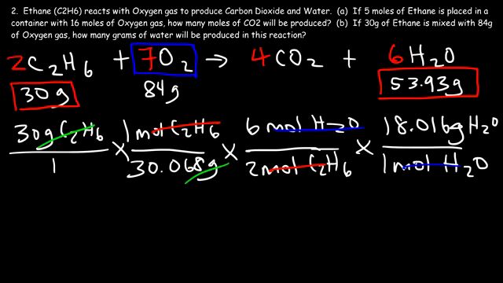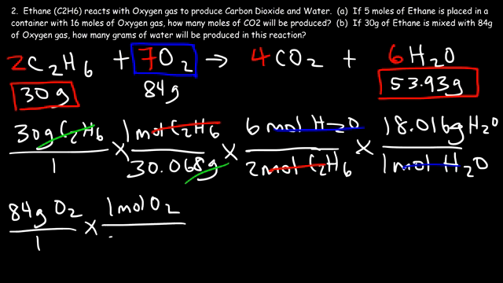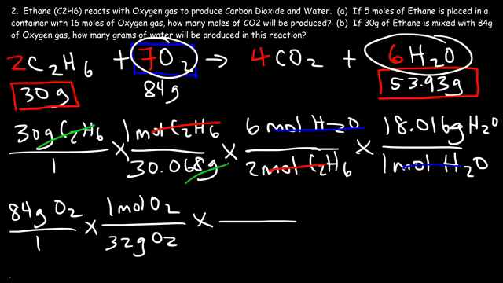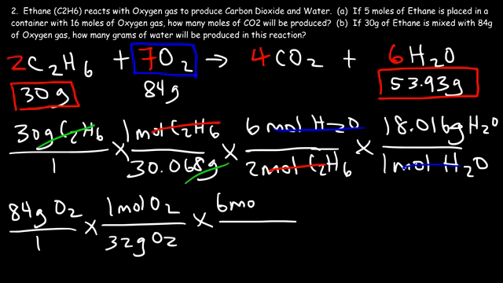Now let's do the same using oxygen. Let's start with 84 grams of O2 and convert it to the grams of water. The molar mass of O2 is 2 times 16, which is 32. Now let's change the substance using the molar ratio. The molar ratio between O2 and water is 7 to 6. So for every 6 moles of water that's produced, 7 moles of O2 participate in the reaction.